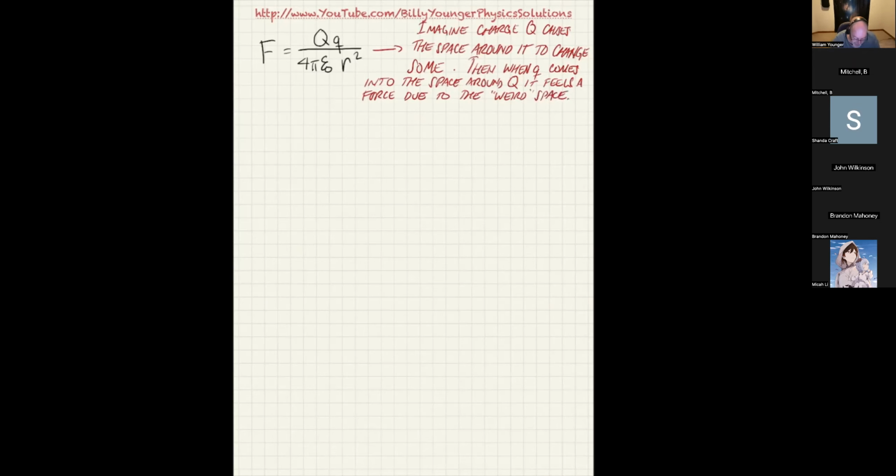So what we're imagining is that big Q is actually altering the space around it in some way. What that way is going to be is a vector field. It's going to create a vector field. And then when you bring the charge little q into it, little q feels a force, but without that charge there, you don't know anything except that you might be able to build some kind of detector to detect the weirdness of the space, but you don't necessarily know the force is going to happen until you bring a charge in there near it.